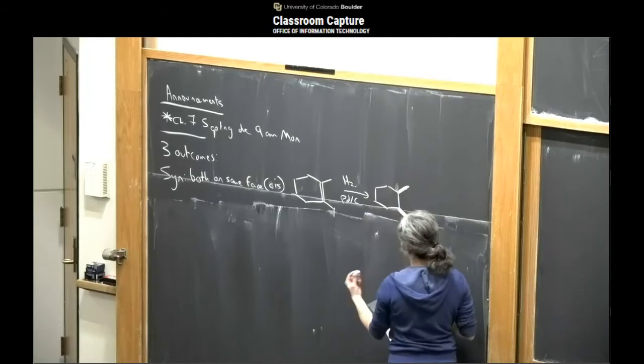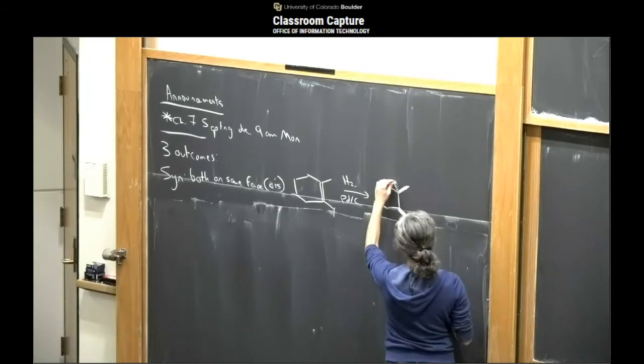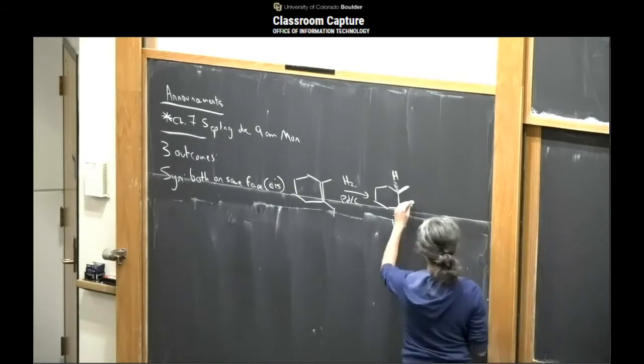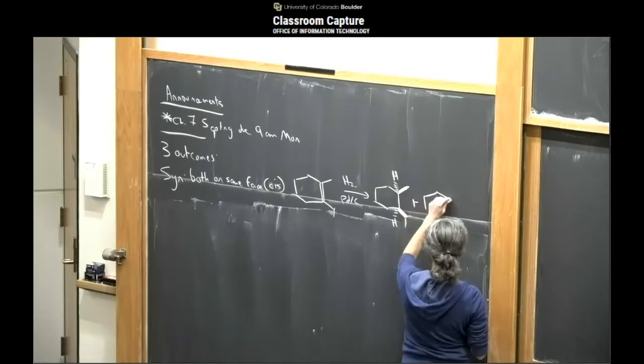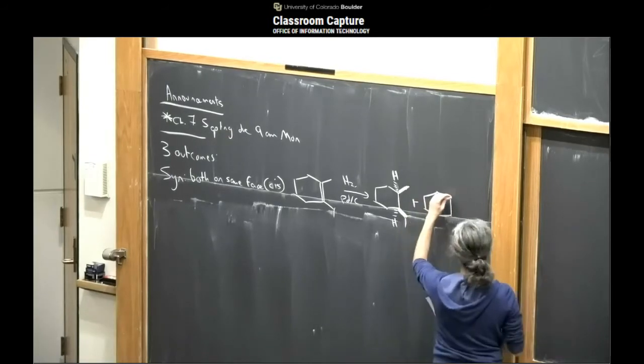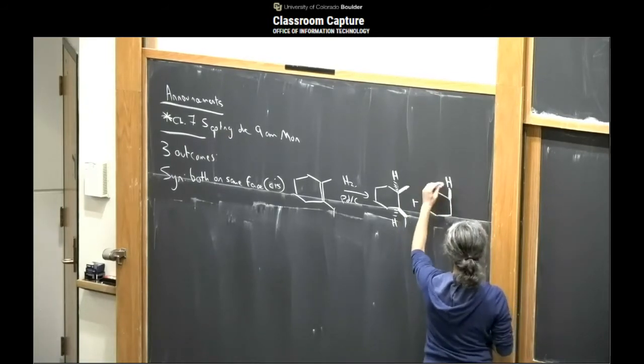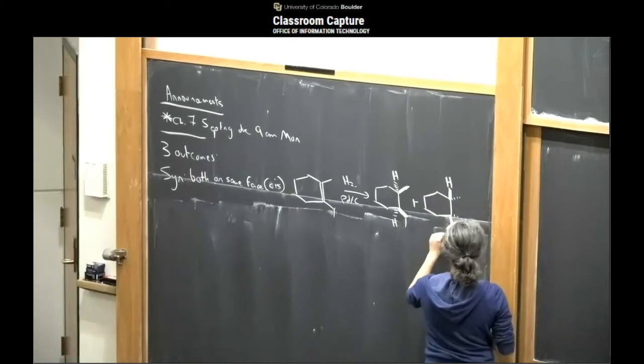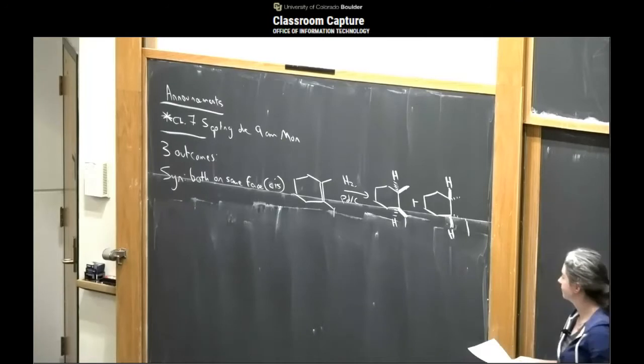So if I got a methyl and an ethyl on there to start out with, either both those groups are going to become bold, and the H's are going to add on dashed from the underside of the ring, or both the H's are going to be bold, and the 2 alkyl groups are going to get dashed.